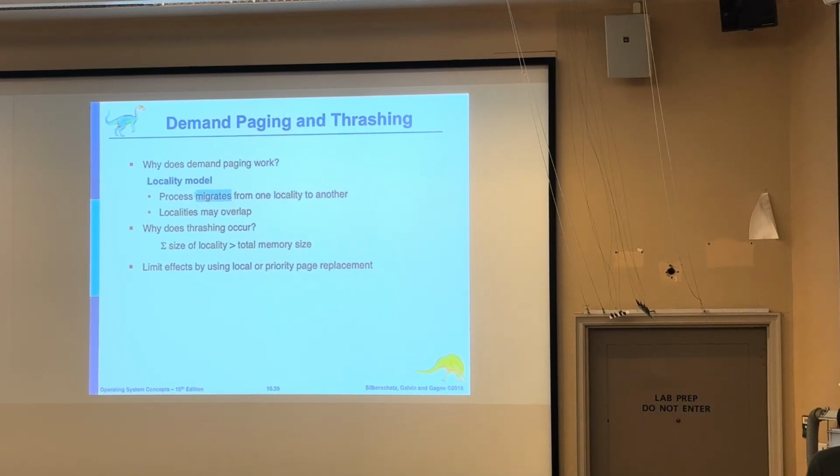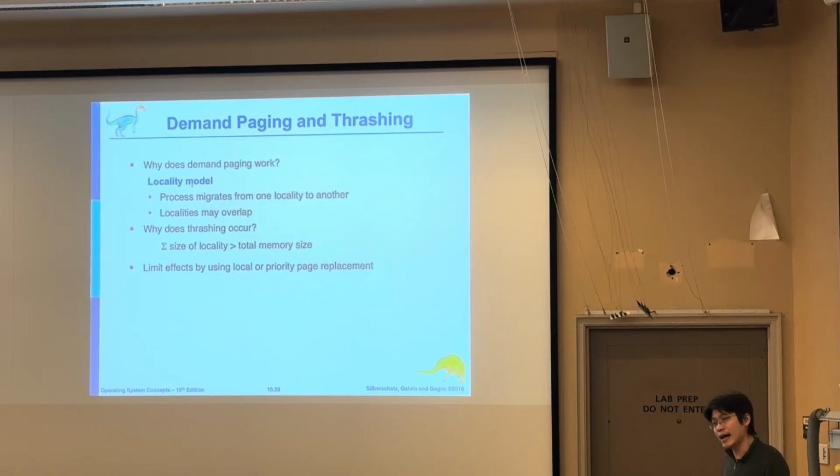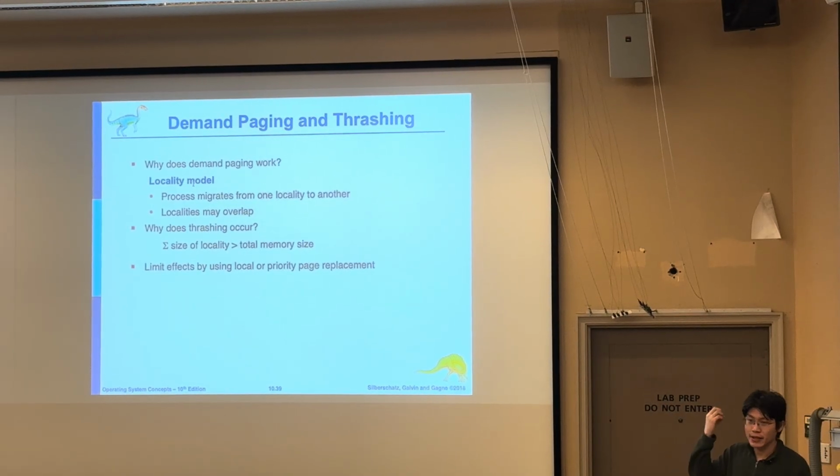So this locality model is very important. It started as an empirical observation, and then it became a rule that everyone has to follow when writing programs. Otherwise, the computer just doesn't work, because inside the computer you have layers of caches: CPU cache, L1 cache, L2 cache, L3 cache, the TLB cache, and then memory as a cache for external storage.